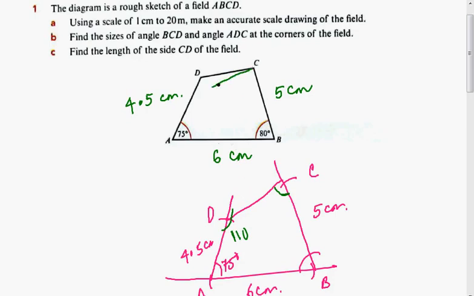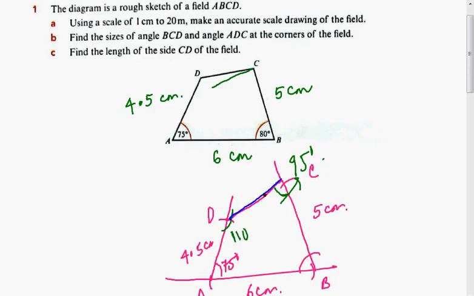This one is a little bit more than 90, so it should be around 95 degrees. The third one, find the length of the side CD of the field. We can get this side CD using our scale. I don't know how much exactly it will come, but it should be around 3.5 to 4 centimeters, as it's visible to me.